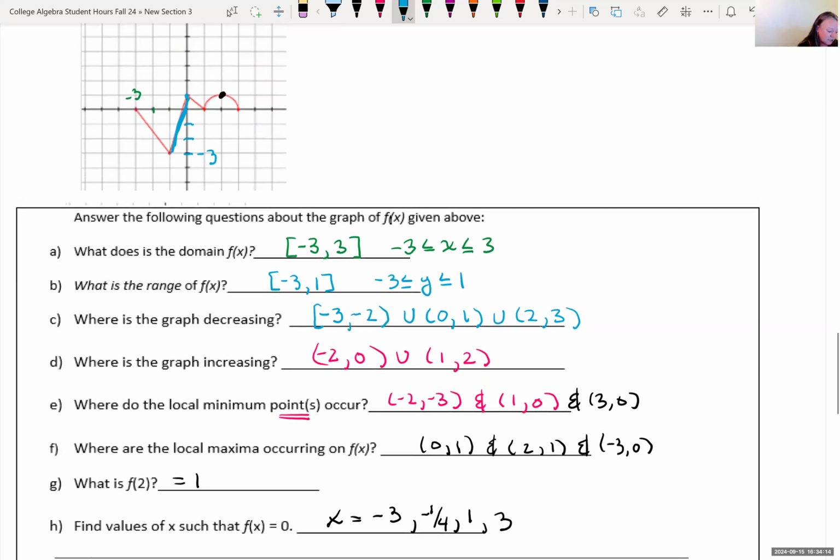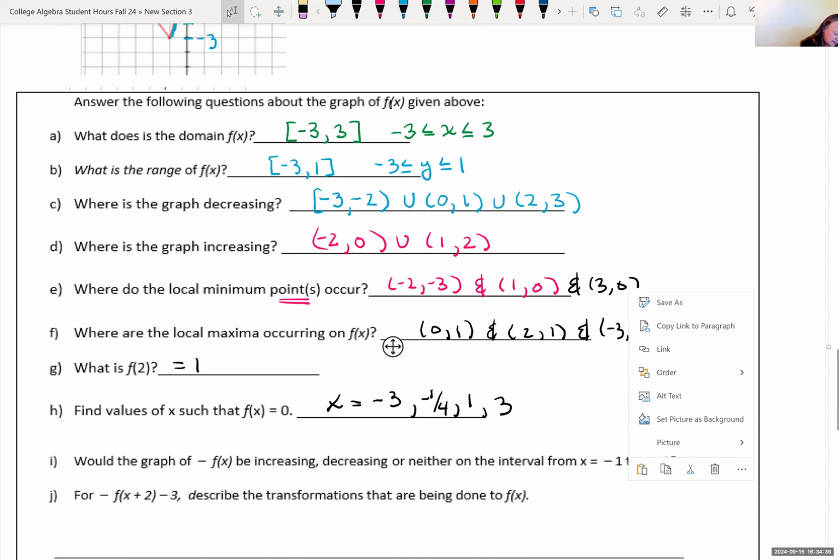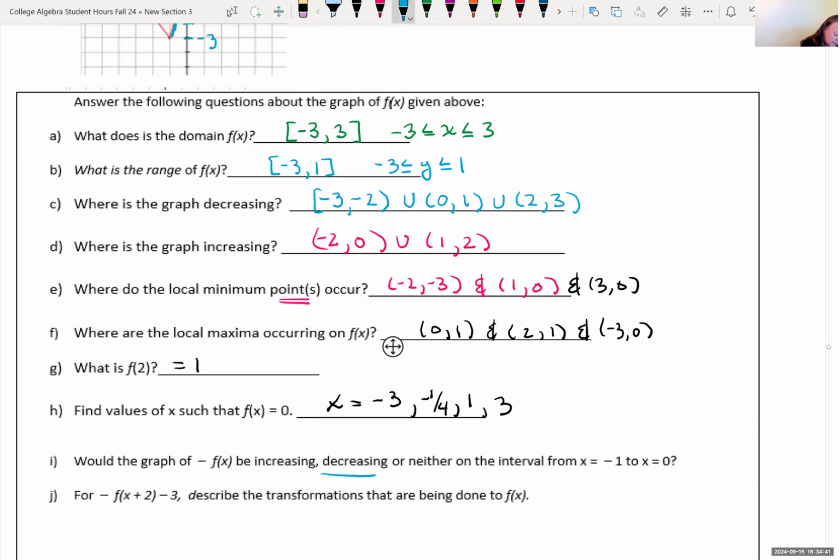If I make a reflection here across the x-axis, it looks something similar to this. And so going left to right, that reflection is decreasing. So the graph of negative f of x would be decreasing on the interval from negative 1 to 0.